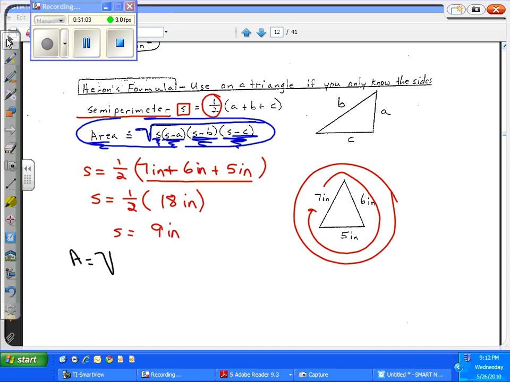So area equals square root of semi-perimeter 9 times semi-perimeter 9 minus first side 7 times semi-perimeter 9 minus second side 6 times semi-perimeter 9 minus third side 5.